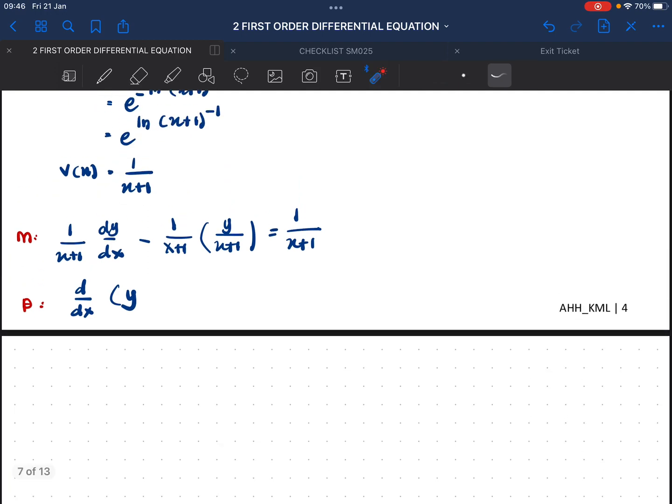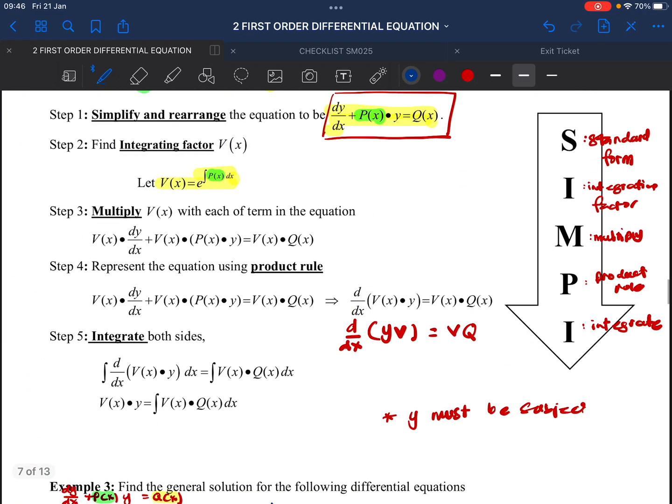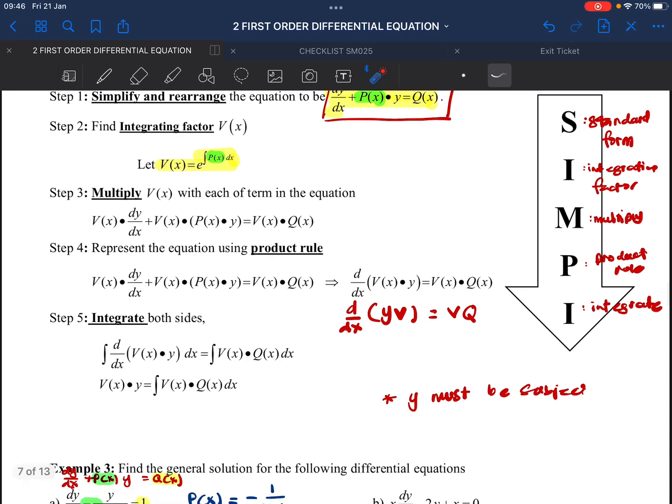So your integrating factor is 1 over x plus 1. That means we have y multiply by 1 over x plus 1, which is we will have y over x plus 1. Okay, so this is y multiplied by v. Okay, on the right hand side, which is kat sini saya tulis v times q. Okay, the integrating factor multiply by q.